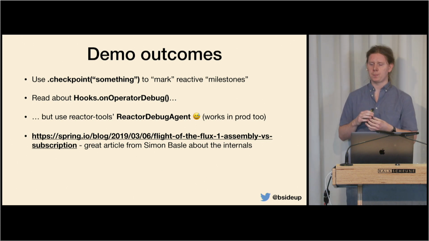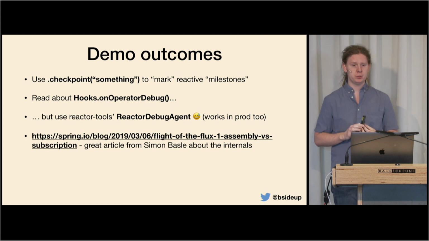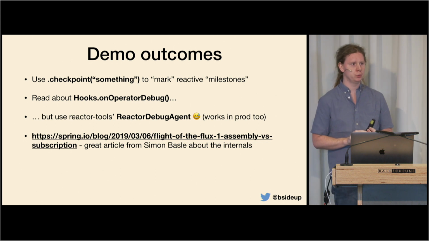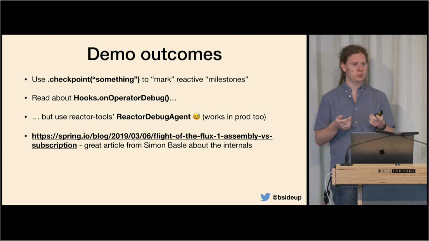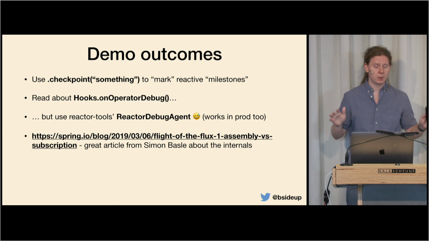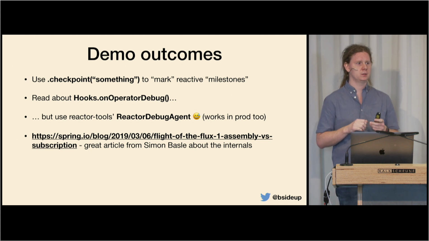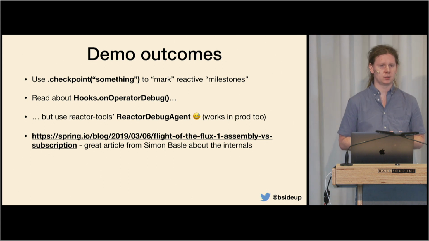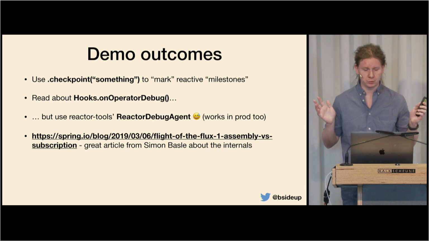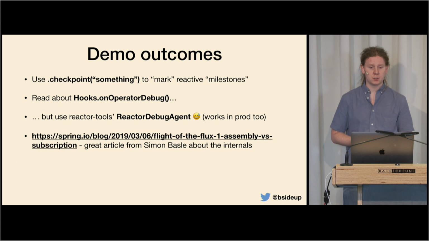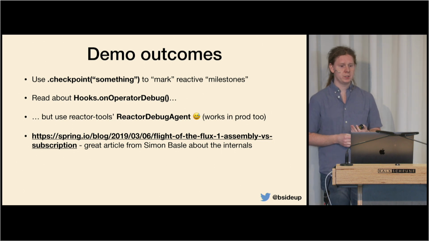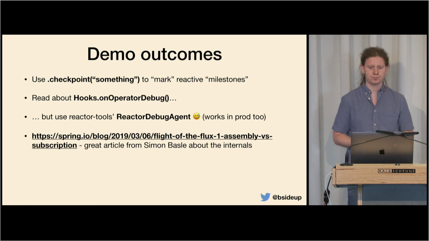And for Java 8 users, you have to run JDK or use the standard Java agent attachment mechanism. Here, I was just using Reactor debug agent init, and that's it. But in case of a Java 8 non-JDK runtime, you will have to use the standard mechanism, or Java 9 plus works out of the box. And there is also a great article from one of the Reactor engineers, Simon, who explains how assembly and subscription times work and focused on it.